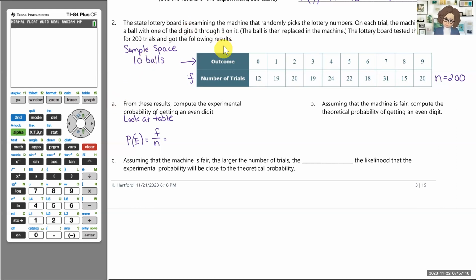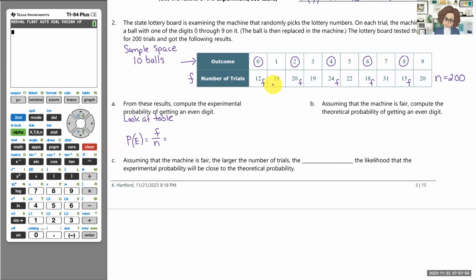So in our table here, these are the different balls and probability of even. So even digits. I'm pretty sure everybody's good with 2, 4, 6, 8 are even. Sometimes people do ask me about 0, but 0 is also an even number. So those are the balls that have even numbers on them. And we are going to figure out the frequency of times we got an even. So I'm just putting a little F down here. So these are the frequencies, how often the machine put out one of these balls.